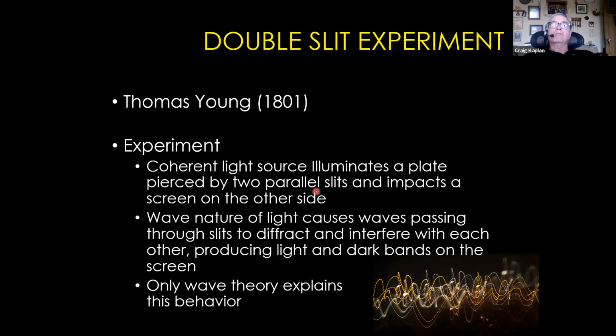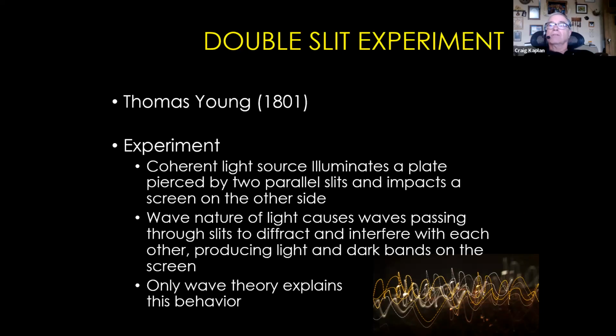The light then passes through the two slits and impacts a screen on the other side that documents it. The wave nature of light causes the waves passing through the slits to diffract and then to interfere with each other, producing light and dark bands on the screen. Only wave theory explains this behavior.